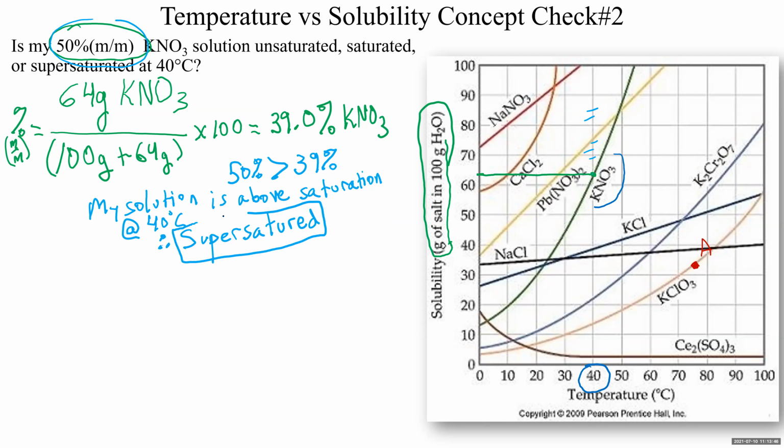That's my answer there. Supersaturated. It's above the graph at that temperature. Anything above any given graph is supersaturated at a given temperature. Anything below the graph is unsaturated, and the graph represents all the saturation ratios for every single temperature.